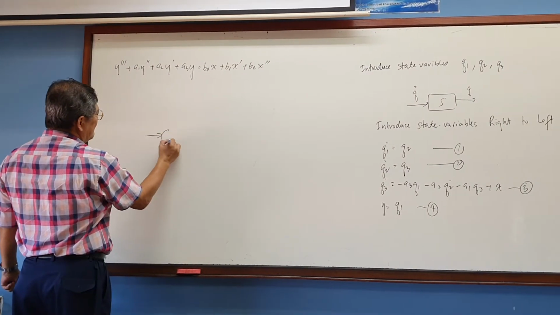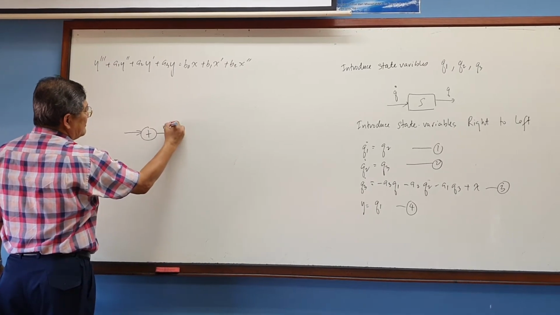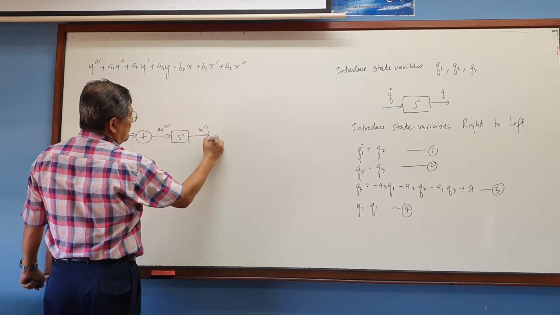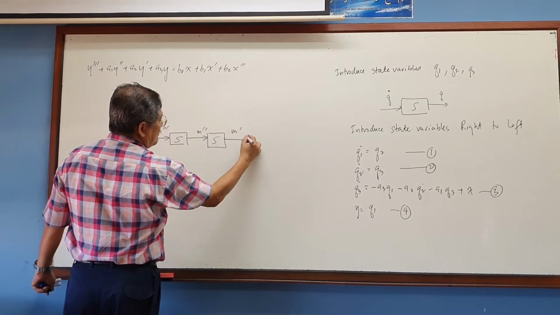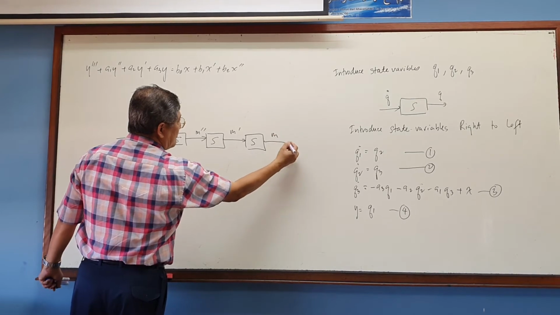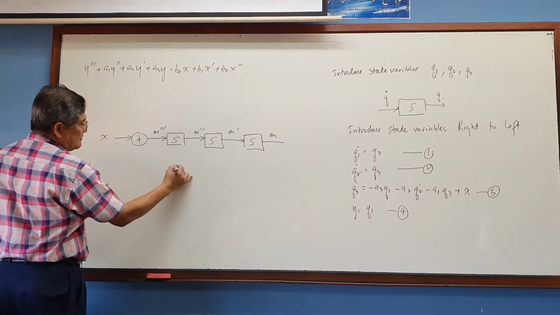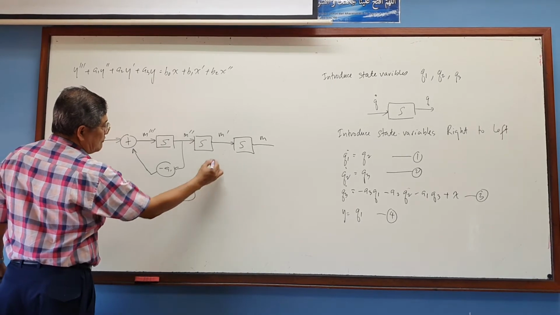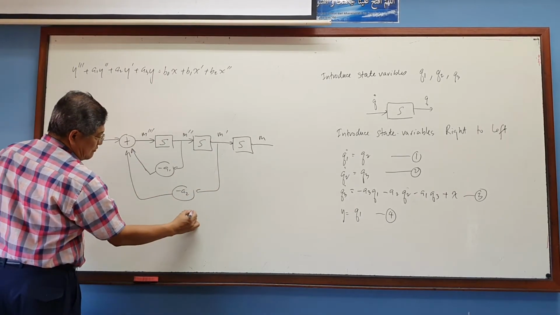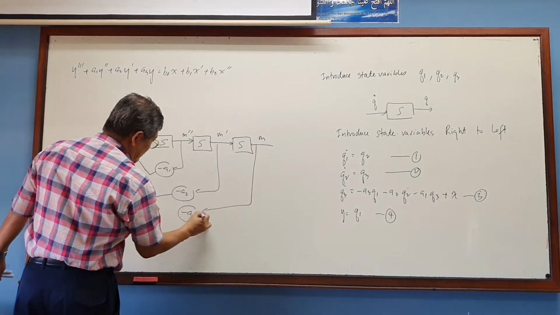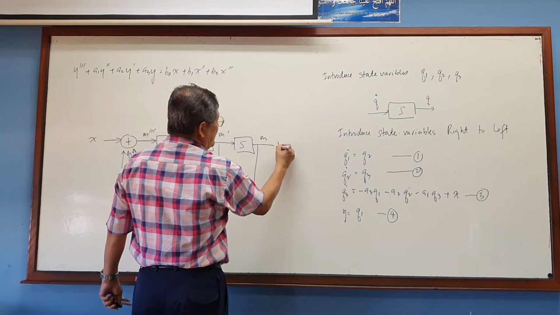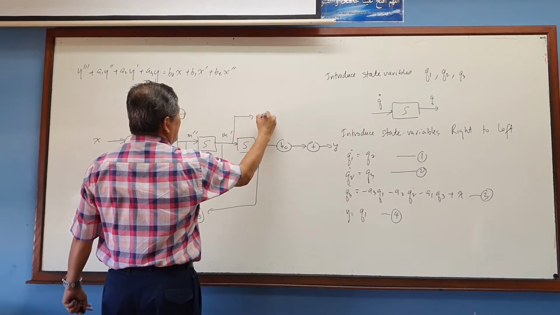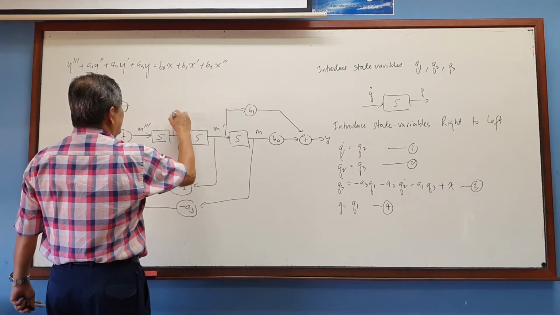So you will have the previous one, and this one will be the B naught, B1, and then B2.